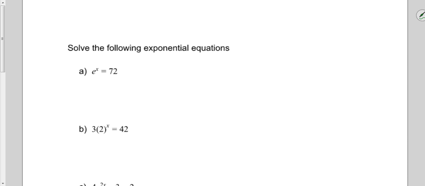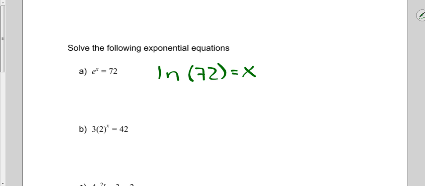Which means we could take that exponential function and convert it back to a logarithm, right? What logarithmic function would that have been? Natural log of 72. That's how we wrote it, right?